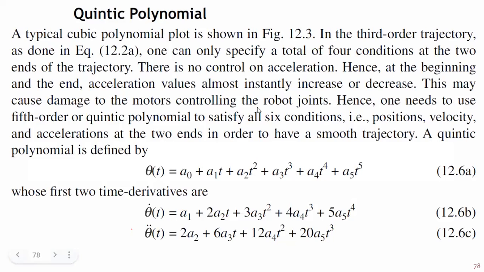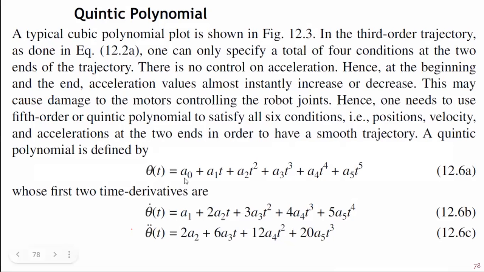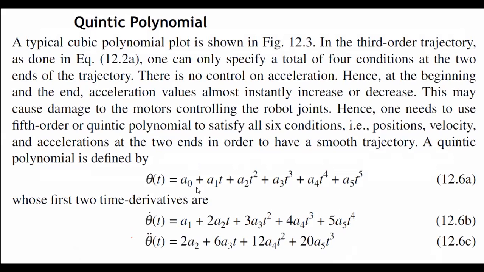A quintic polynomial is defined by theta t is equal to a0 plus a1 t plus a2 t square plus a3 t cube plus a4 t raised to 4 plus a5 t raised to 5, whose first two time derivatives are theta dot t is equal to a1 plus 2a2 t plus 3a3 t square plus 4a4 t cube plus 5a5 t raised to 4. Theta double dot t is equal to 2a2 plus 6a3 t plus 12a4 t square plus 20a5 t cube.